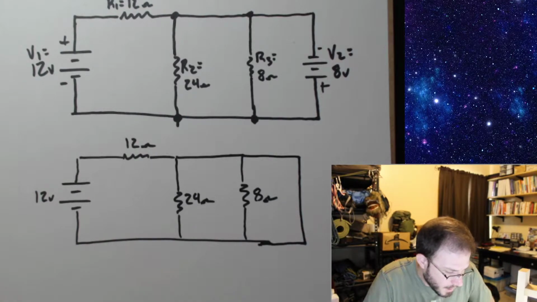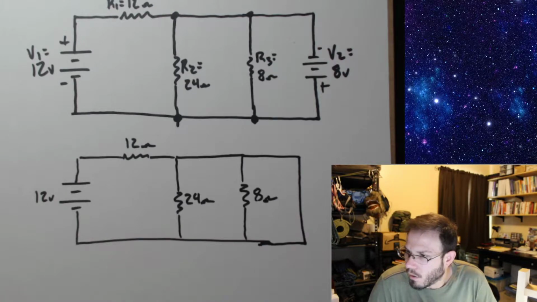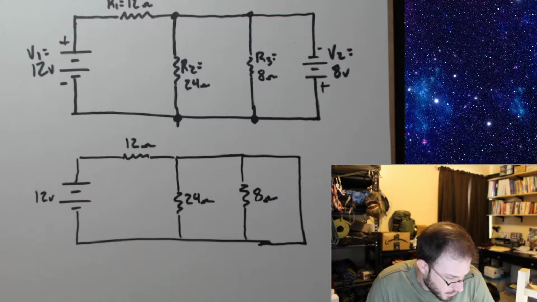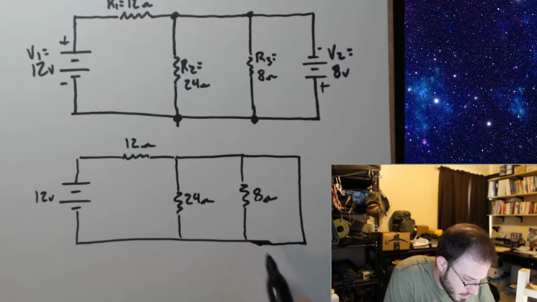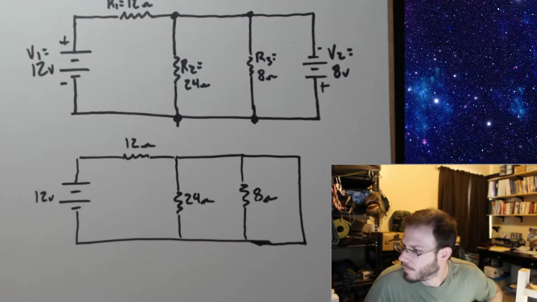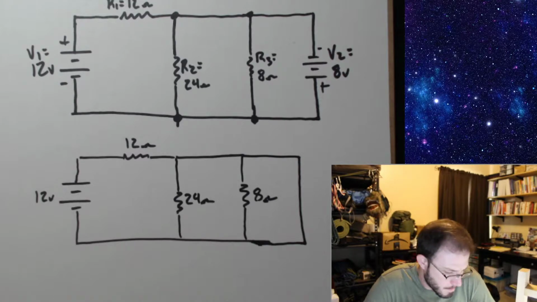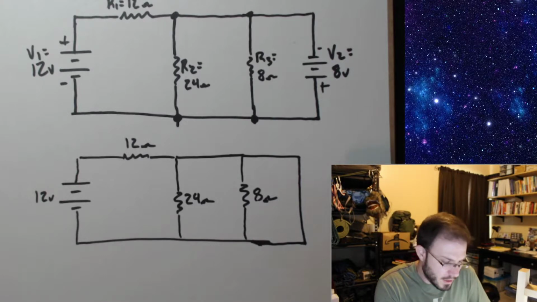Okay, now are we done? Can we just go ahead and solve this, or did the circuit fundamentally change somehow? Do we have something here? Check out this wire.